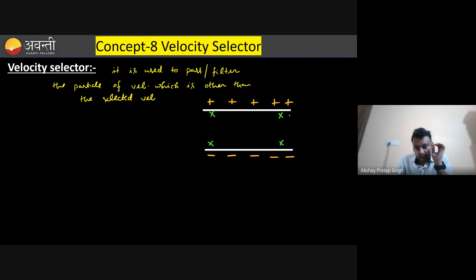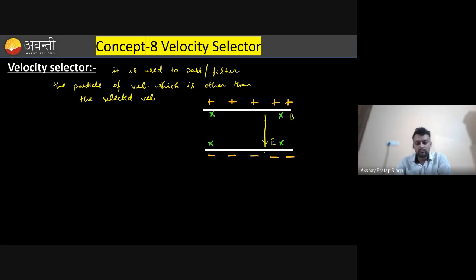Let's suppose this field is B. Due to these positive and negative plates, an electric field will also be created, and this electric field will be in the downward direction, from positive to negative. This is the direction of the electric field.